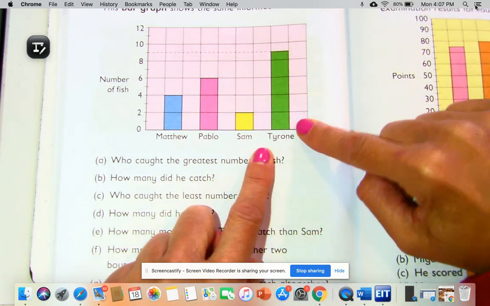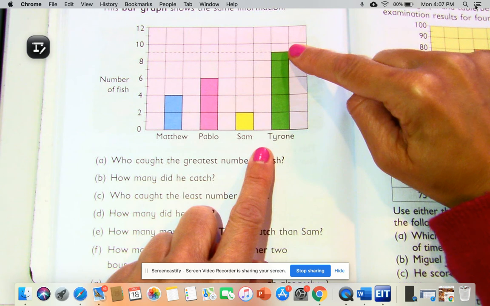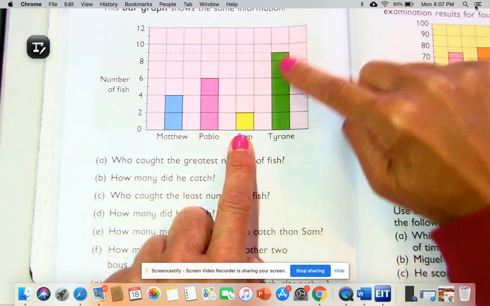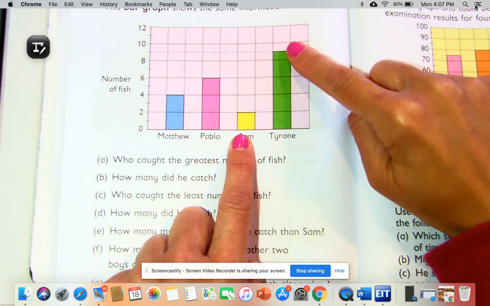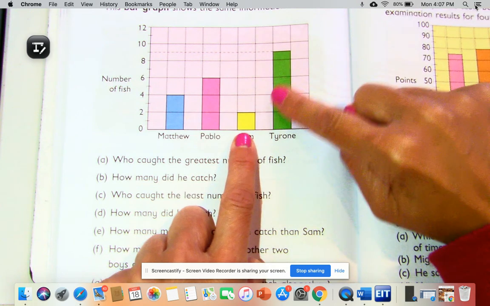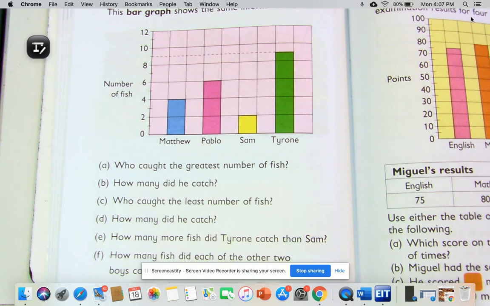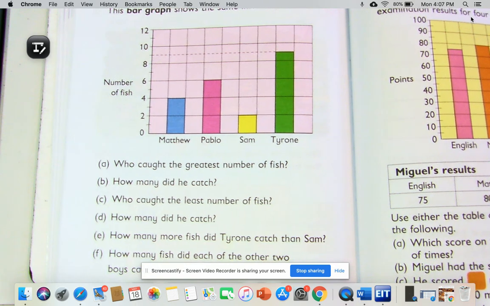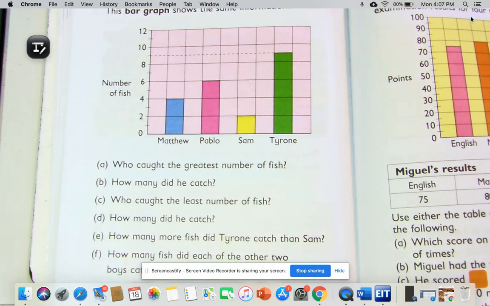Tyrone caught 9 fish and Sam caught 2 fish. And we know that 9 minus 2 is 7. So Tyrone caught 7 more fish. Whoop, camera froze up there for a minute. So Tyrone caught 7 more fish than Sam.